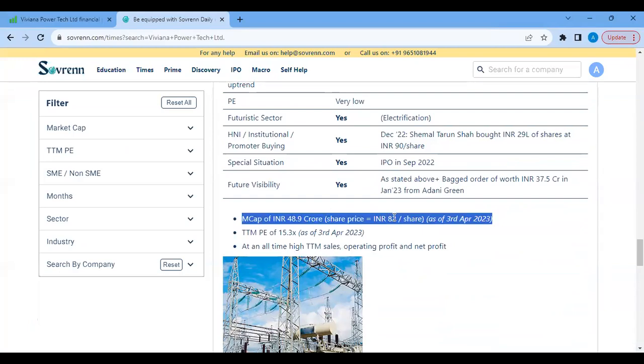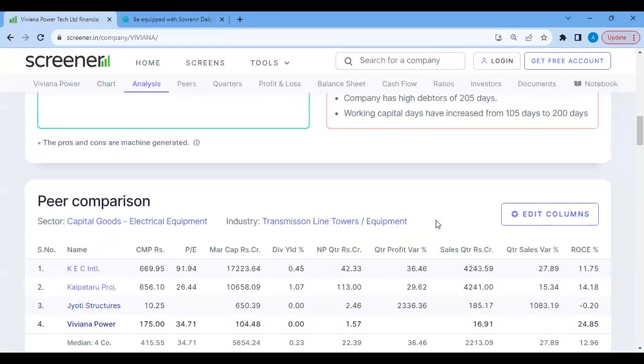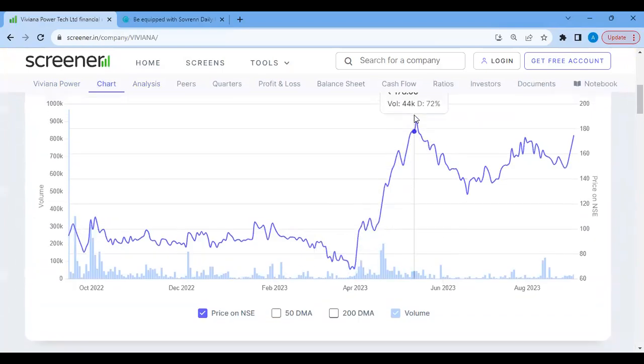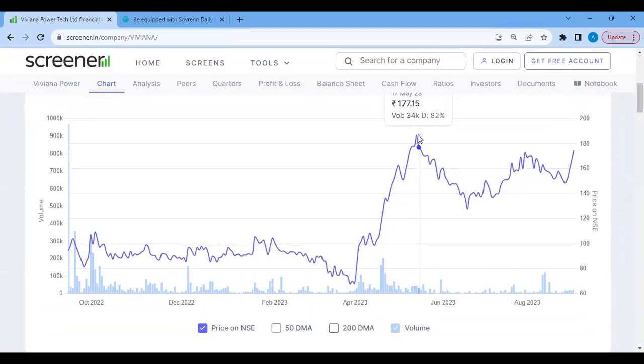See what happened after the large order: from 82 rupees to 180 rupees straight away. And it gave a buying opportunity also, comfortably. Large orders create huge wealth for the company. So it is very important to study large orders.